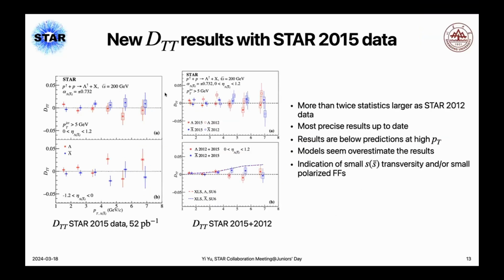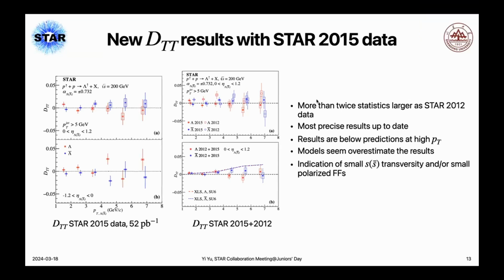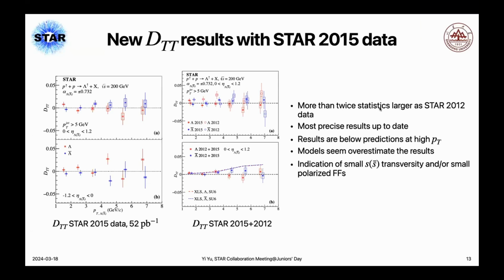For the DTT measurement, the left plot shows the new measurement with STAR 2015 data. This data set also has more than twice the statistics of the data set in 2012. We also compared with the previously published result, and they are consistent with each other.